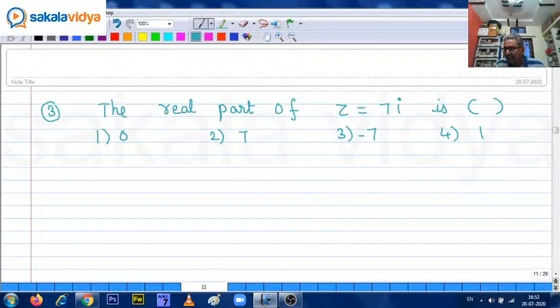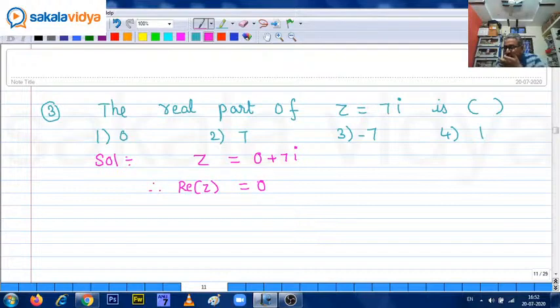Option 1. Very good. Okay, let us see. Now this z can be written like this. Real part is not there, so 0 plus 7i you can write it. Therefore we are asked the real part. Real part of z is equal to 0.